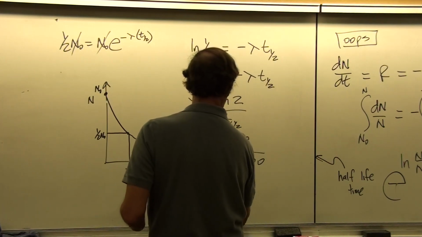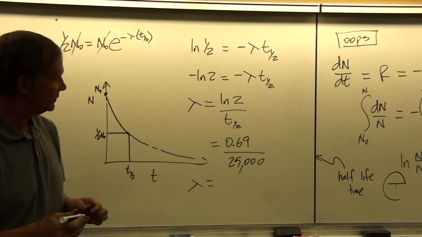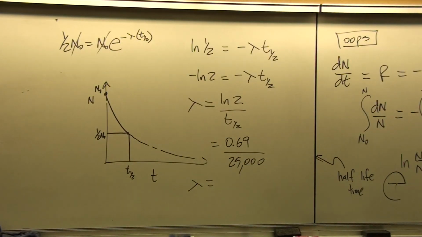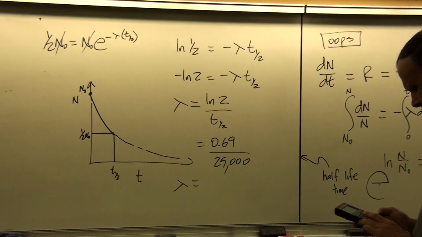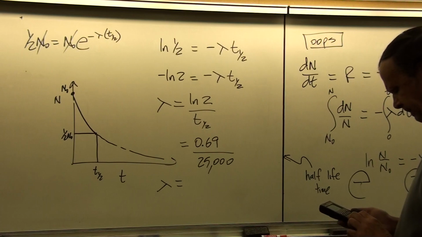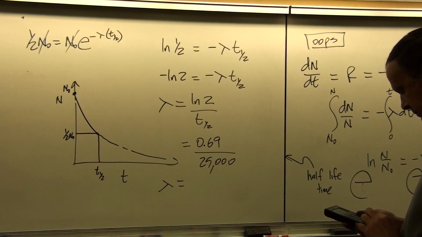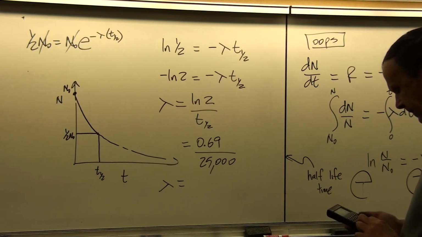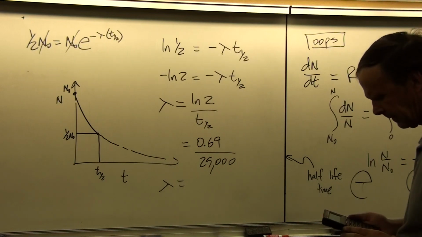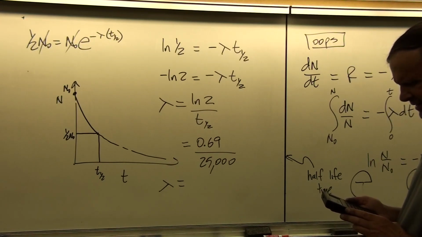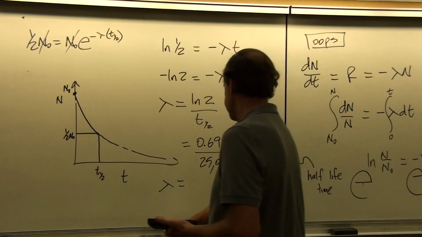That gives us a decay constant that's equal to 2.76 times 10 to the minus 5.